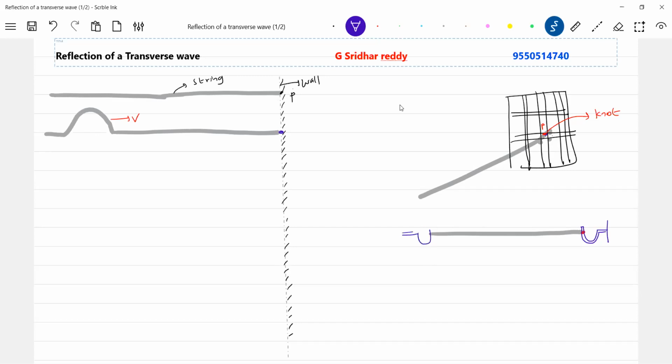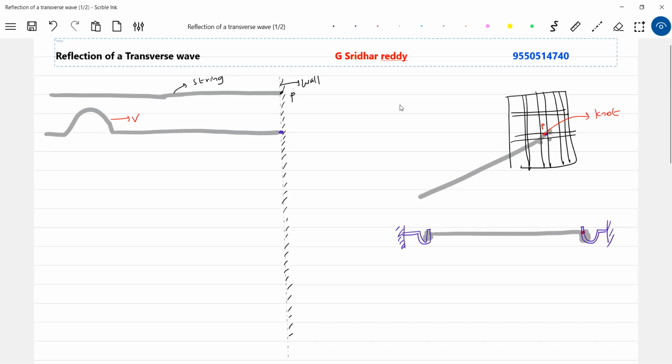The topic will get over within 5 minutes. First of all, we should know practically what happens. Nowadays we have a facility also. Here what we do, we put a knot for this. It's fixed here. It will not permit. Now, if you move this, will it move up and down?